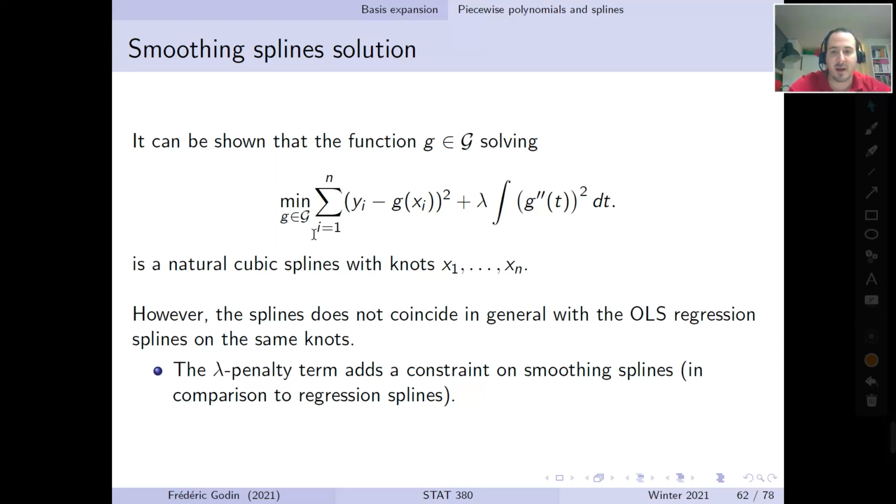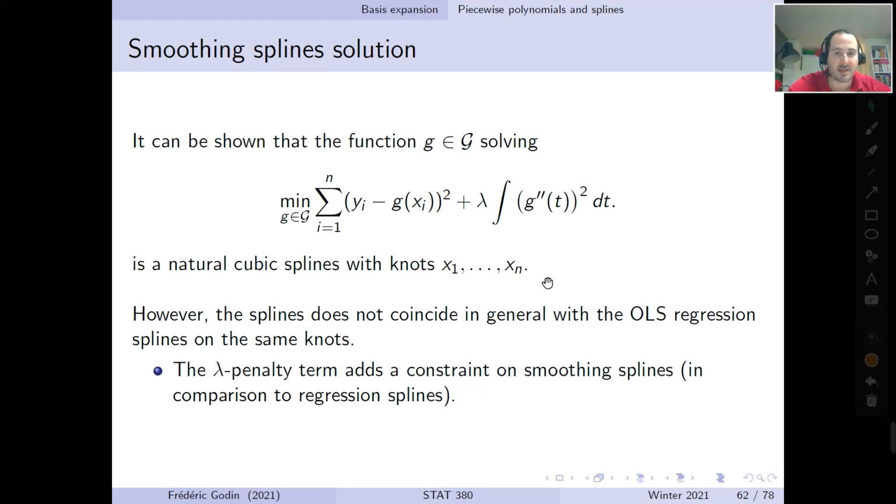But a quick remark here: this spline does not coincide in general with the OLS regression spline on the same knots. If we considered all cubic splines on these knots, we could find the non-smoothing spline, so the spline with lambda equal to 0, that minimizes the training MSE.